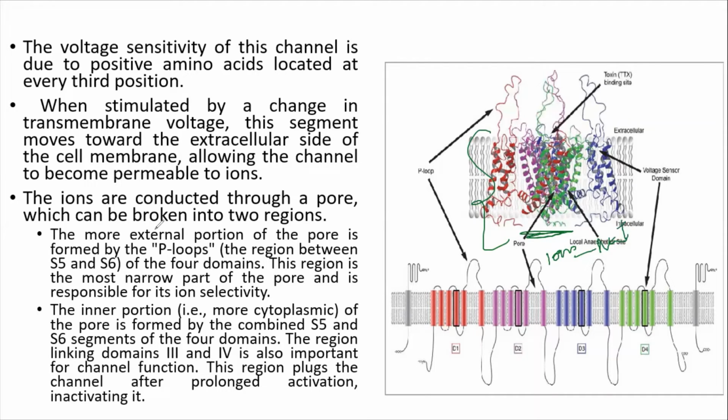Now ions are conducted through a pore which can be broken into 2 regions. Now we need to talk about these regions. Okay. See, अगर आप यहाँ पे ध्यान दो, so we have this voltage sensing domain, ये हमारा segment 4 है. Now TTX is your toxin binding site, यानी कि क्या, अगर कल को आप कोई ड्रग यूज कर रहे हो, if it is binding over here, it is blocking your Na plus channel.